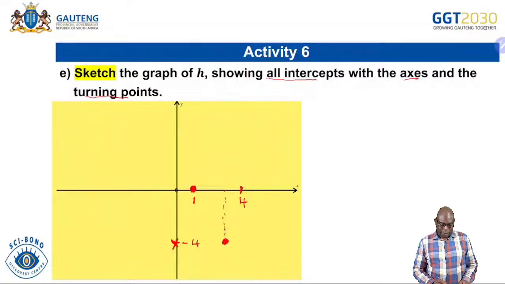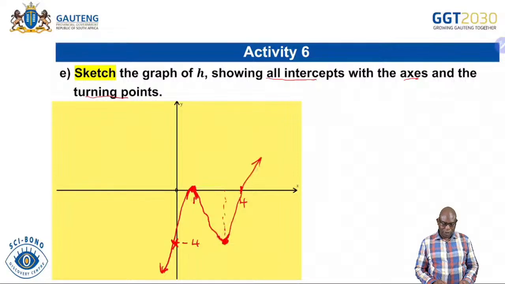The first turning point we said is the maximum, so I'm going to draw a maximum on my first turning point. My second turning point is the minimum, so I'm going to draw a minimum on it. I'm done with my graph. So I'm going to join this one, and join this one, and I'm having my graph.